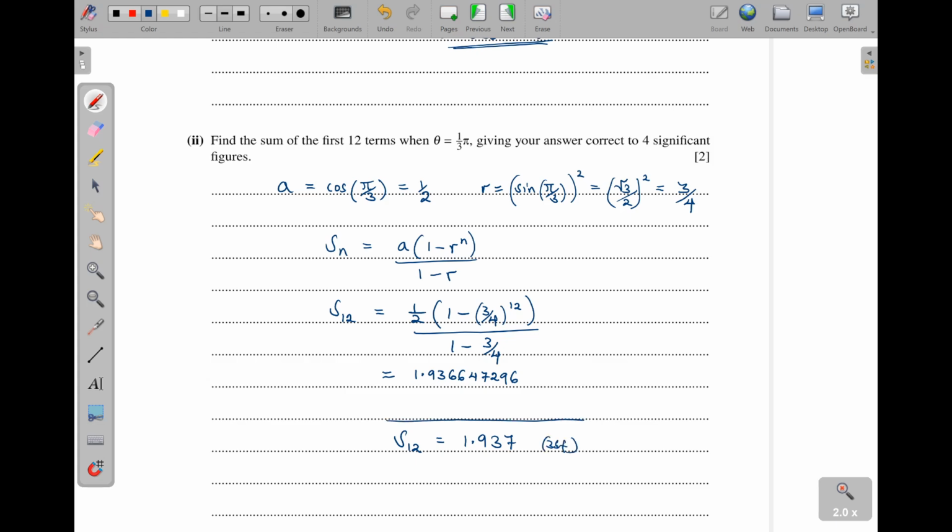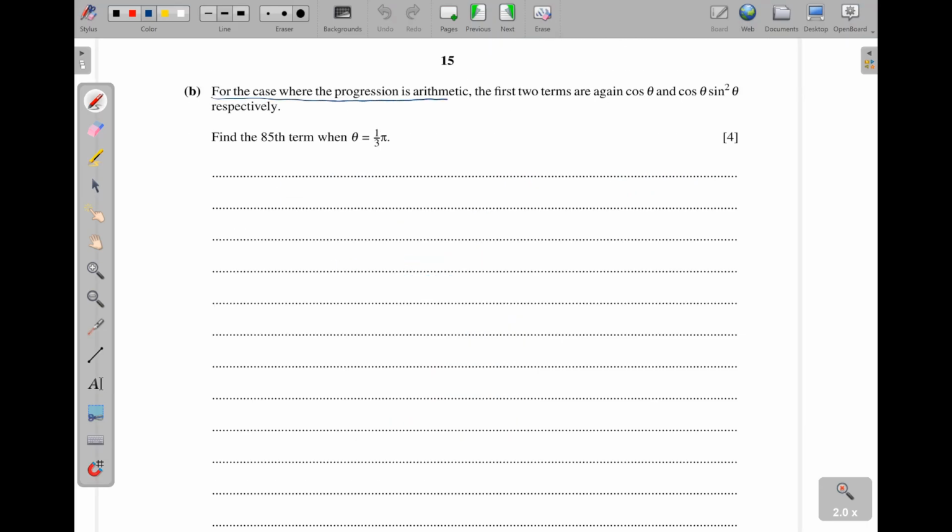As simple as that. Part B, for the case where the progression is arithmetic, the first 2 terms are again cos theta and this one here, respectively. Find the 85th term where theta is equal to pi over 3. So we need to get our first and second term.